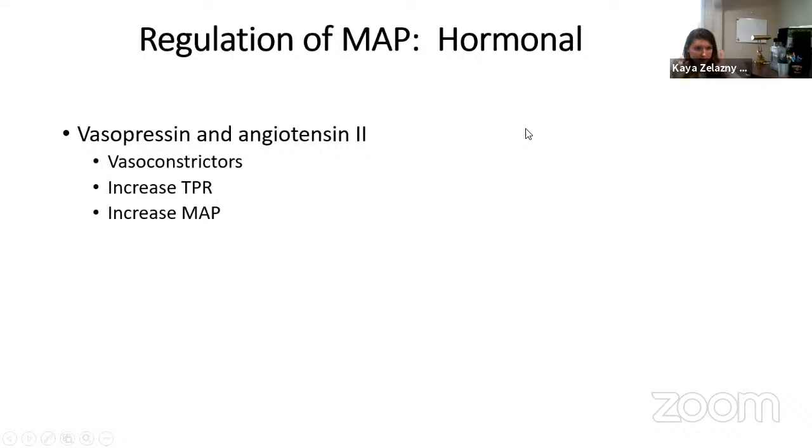Our new hormones that we haven't really talked about are vasopressin and angiotensin II. So both of these hormones are vasoconstrictors, and they're both involved basically with water balance, which we'll get into in our renal unit in the kidneys.